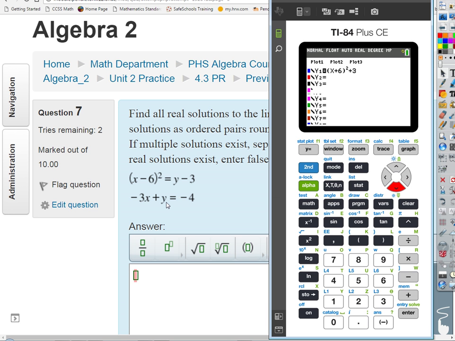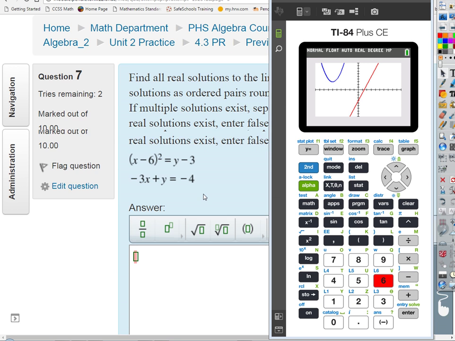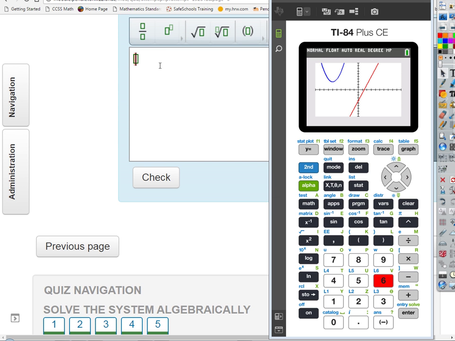If I solve the bottom one for y, I just get negative 4 plus 3x. Zoom 6 to start with, see if we can see the intersections. Okay, and that one ends up being false also, turns out.